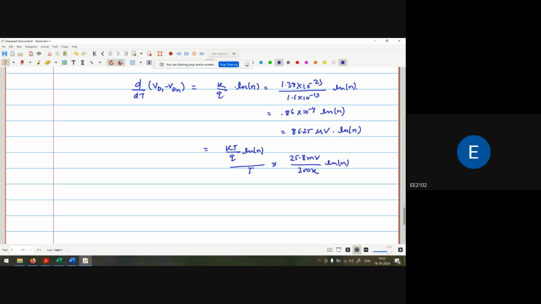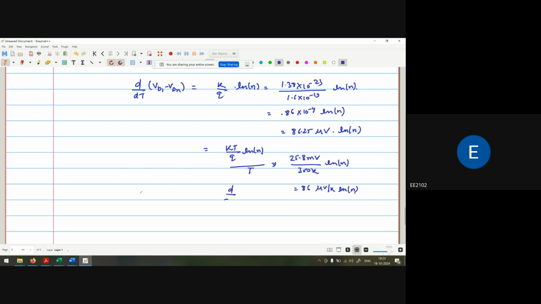So the value is nearby almost, multiplied by 56 microvolt per Kelvin.